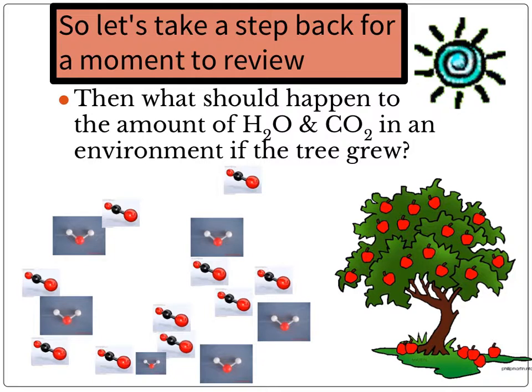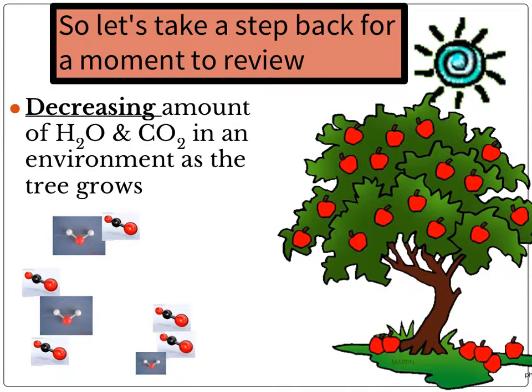What should happen to the amount of water and CO2 in an environment if a tree was going to grow larger and larger? Well, hopefully you've said that the amount of CO2 and water in the environment would decrease as the plant is growing and taking in these molecules and using their atoms to construct its body.